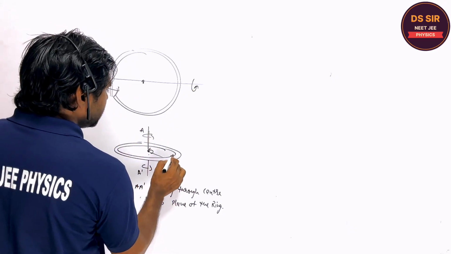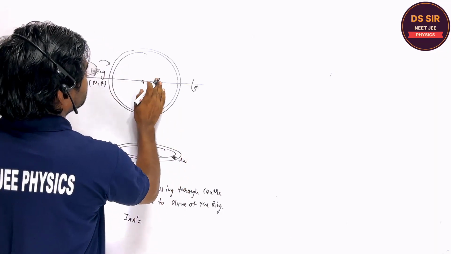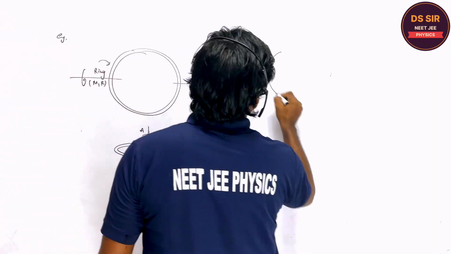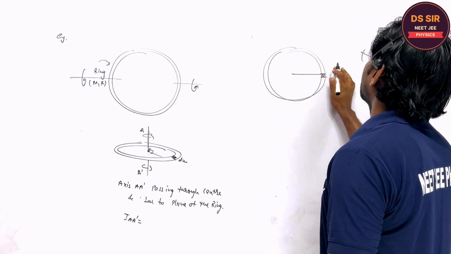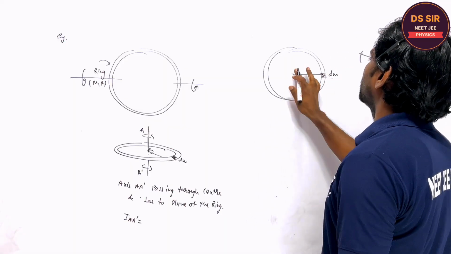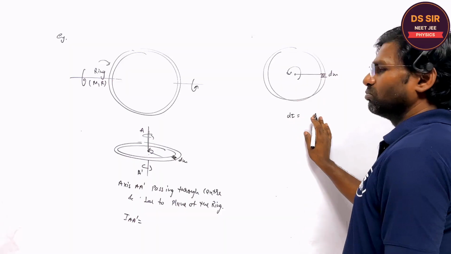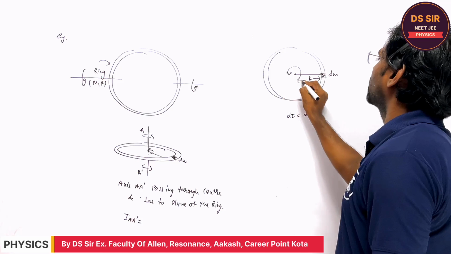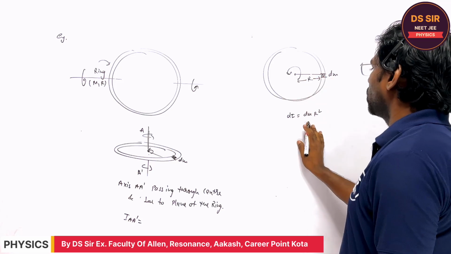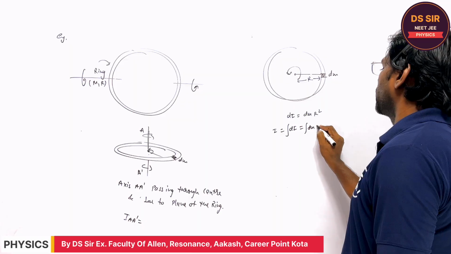So you can consider the dm mass at distance r from the axis of rotation. About this, I can write the elemental moment of inertia dI equals dm into r square. So the complete moment of inertia is the integration of dm into r square.